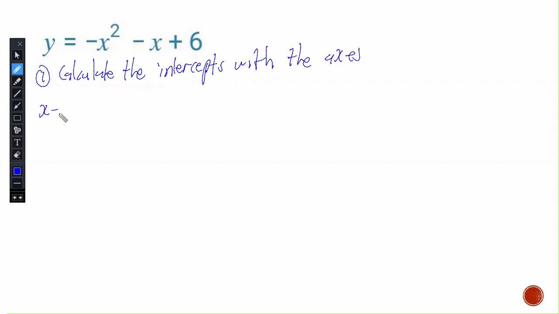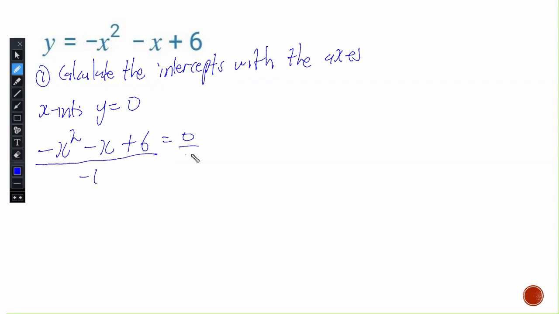So if we want the x-intercept, you have to make y 0. So negative x squared minus x plus 6 equals 0. Now, if we have this as a negative here, it is best that we start by dividing both sides by -1 so that our a value here is positive. So I'm just going to divide by -1 throughout, and this is going to be positive x squared plus x minus 6. 0 divided by -1 is still 0.